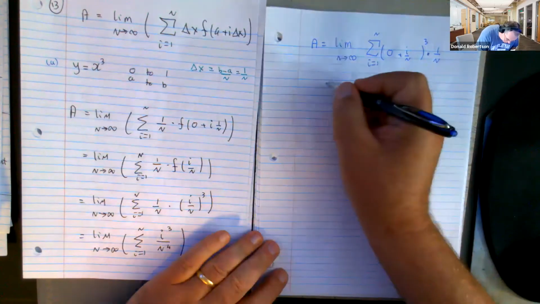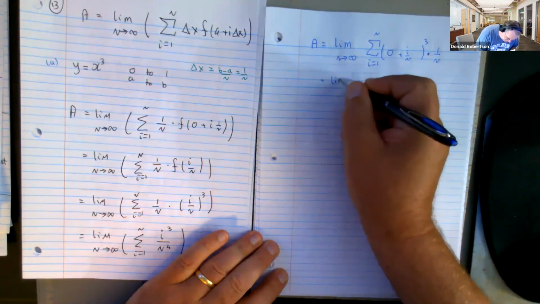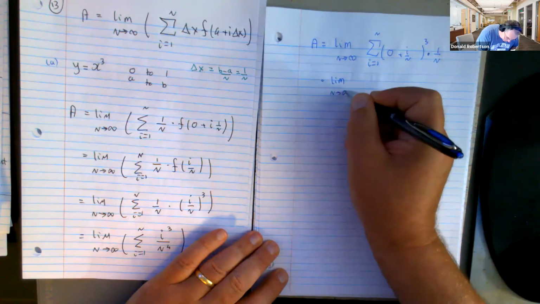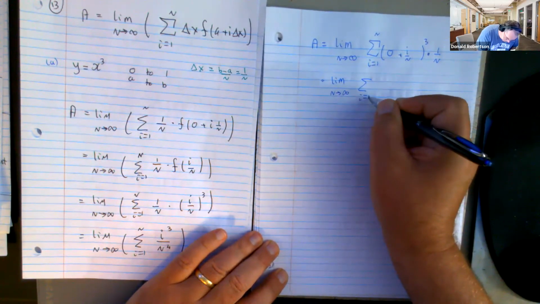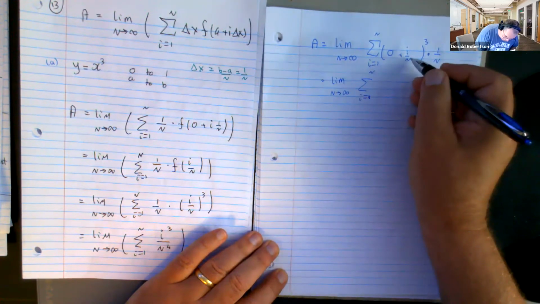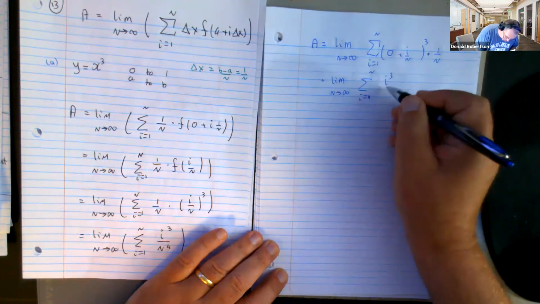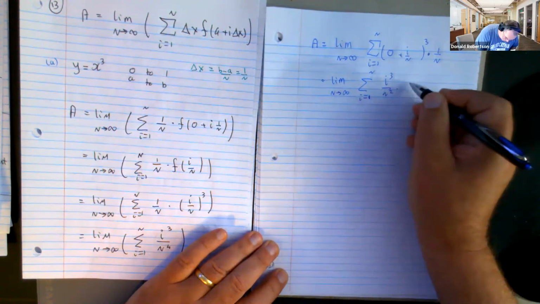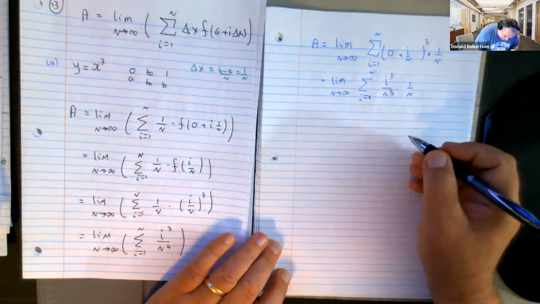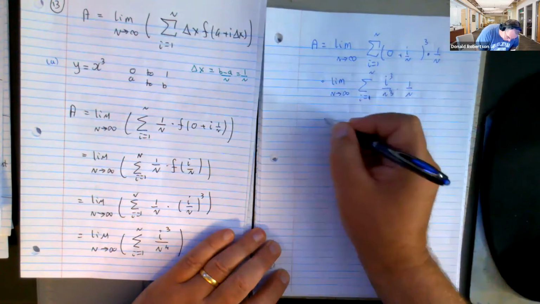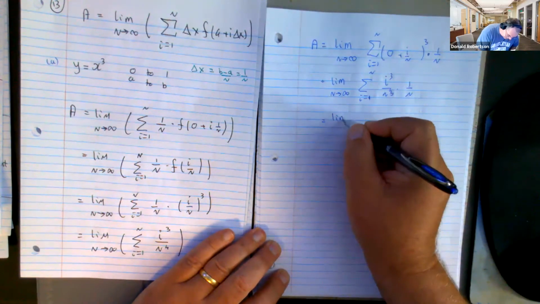And then what we did is we just spent a couple of lines making it look pretty. That's (i over n) cubed, so that's i cubed over n cubed. And then it's times a 1 over n. And then combine the n's on the bottom together and you got the answer to A.